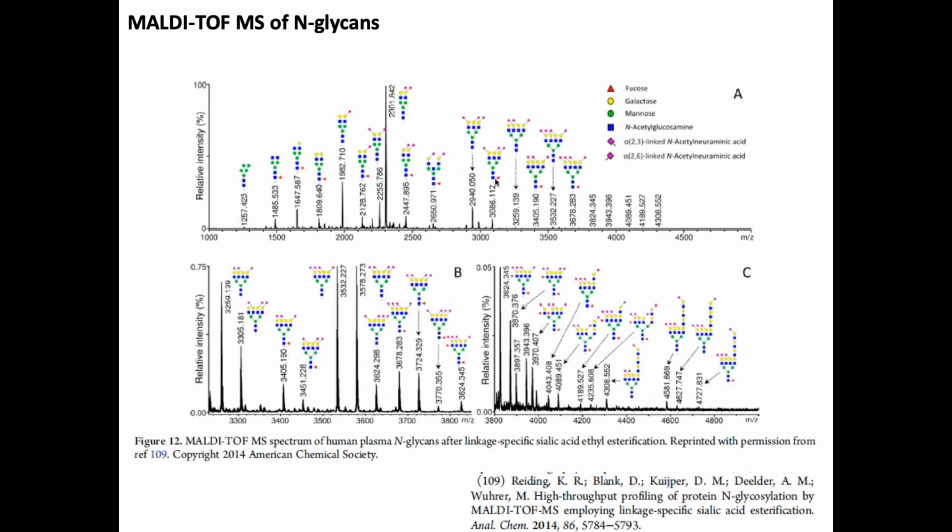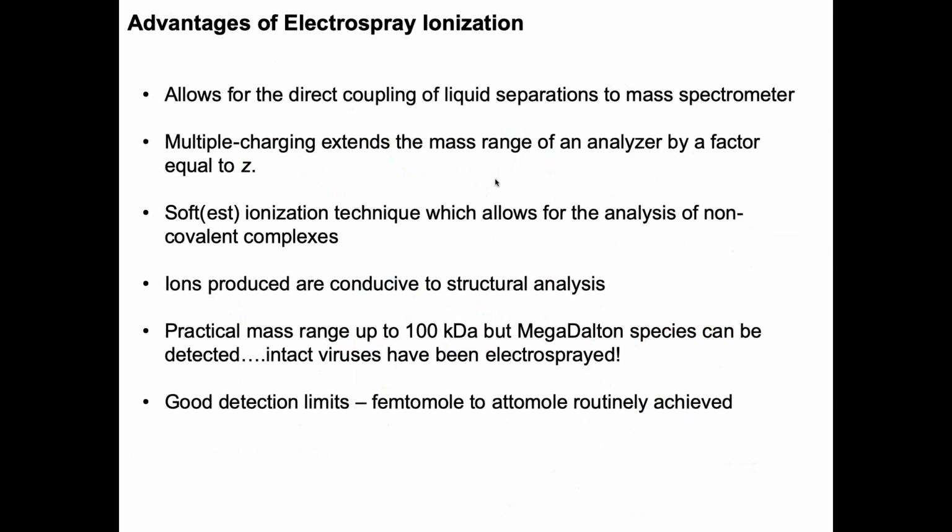All right, so electrospray, probably the more important of the two, so I don't want to spend too much time talking about MALDI, but that's all right. The big thing with electrospray is it allows for the direct coupling of LC, HPLC, or UPLC directly to the mass spec. That is a huge component, you can't emphasize the importance of that enough.